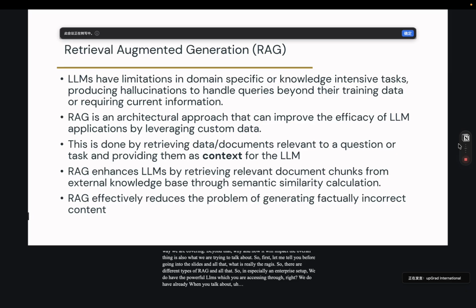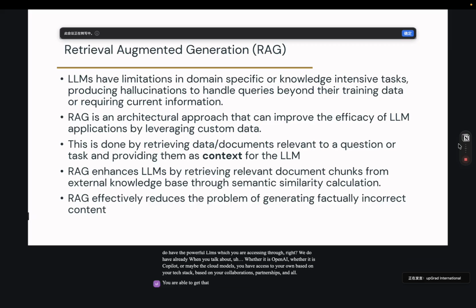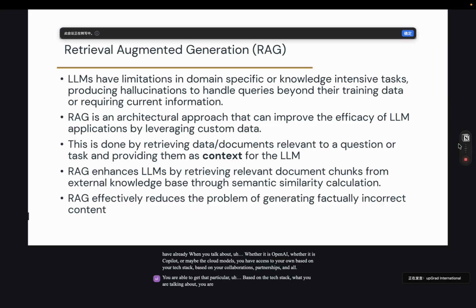Whether it is OpenAI, whether it is Copilots, or maybe the cloud models, you have access to your own based on your tech stack, based on your collaborations, partnerships, and all. You are able to get to a situation where these are the LLMs you have access to.